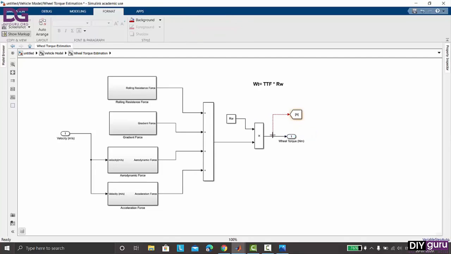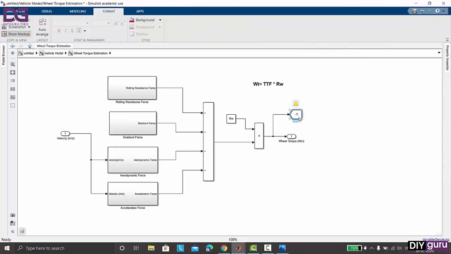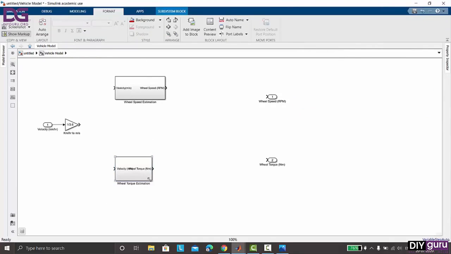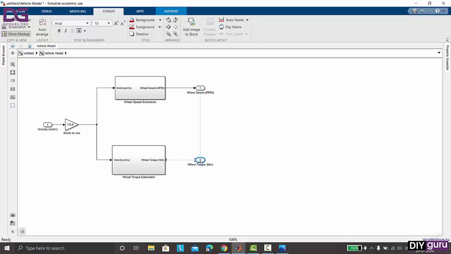Give one go-to block to estimate the wheel torque. We are done with this model. Give them the velocity input and we will obtain the wheel speed and wheel torque.